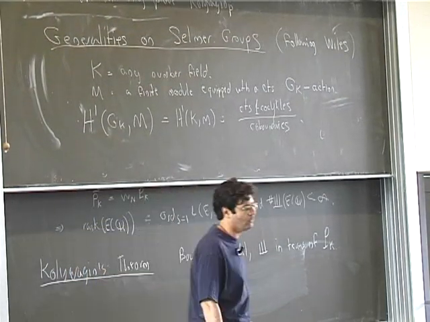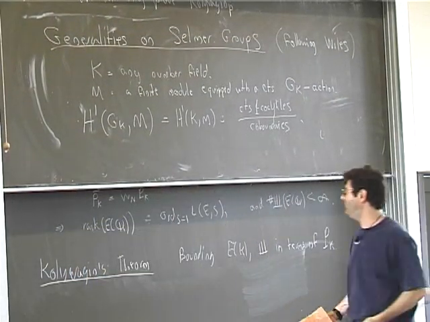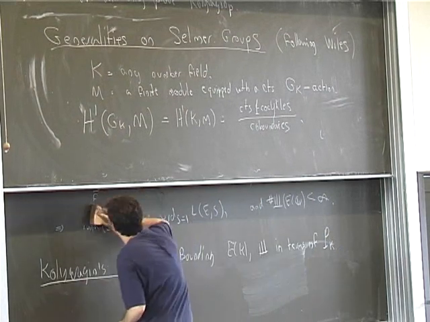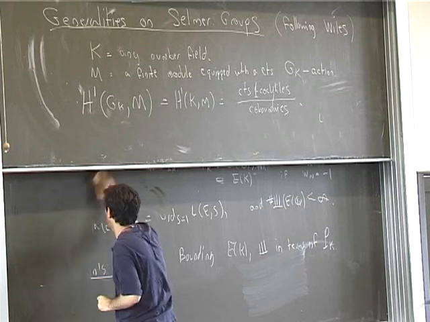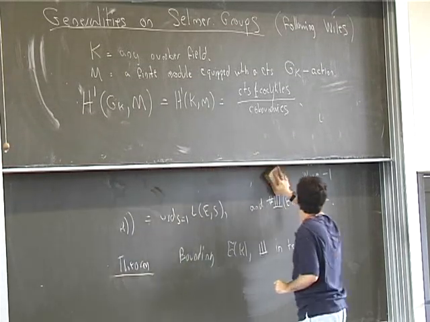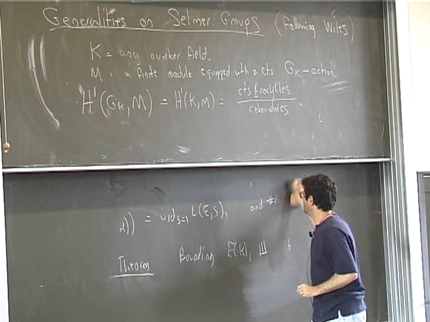So I'm going to define a Selmer group associated to K and M in some way, and to a little bit of extra data. So I want to define Selmer groups. What is a Selmer group?